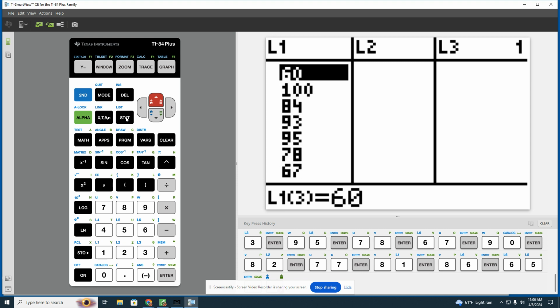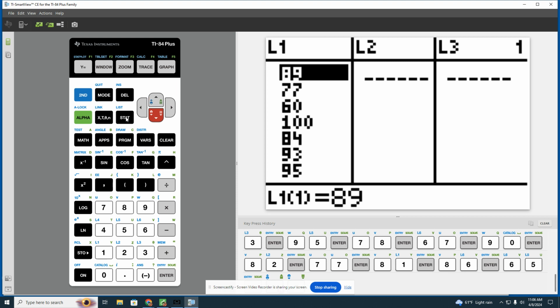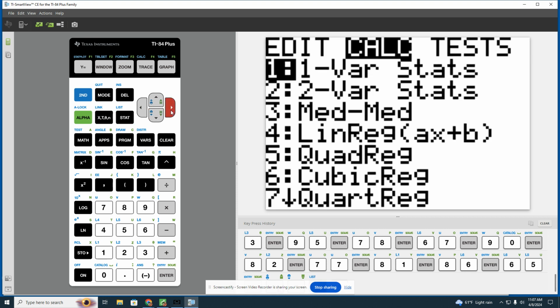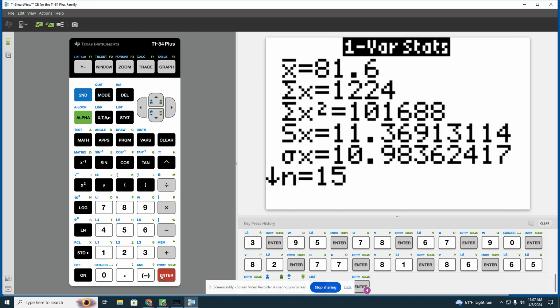When you double check it, then how do I run data on just one list? Go back to stat, calc, and we're running a 1-var stats. Okay, now let's just look through this list. What's this x bar right here, y'all? It's your mean.